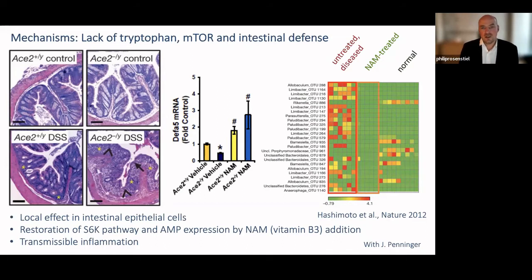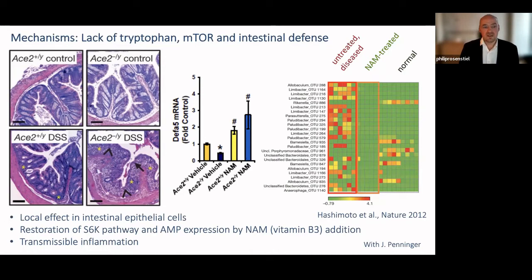There is an energy deficiency in intestinal epithelial cells, and that barrier breach and the downregulation of certain antimicrobial peptides basically leads to the outgrowth of pathobionts, very similar to the children in Jeff Gordon's stories. And this actually leads to strong intestinal inflammation.